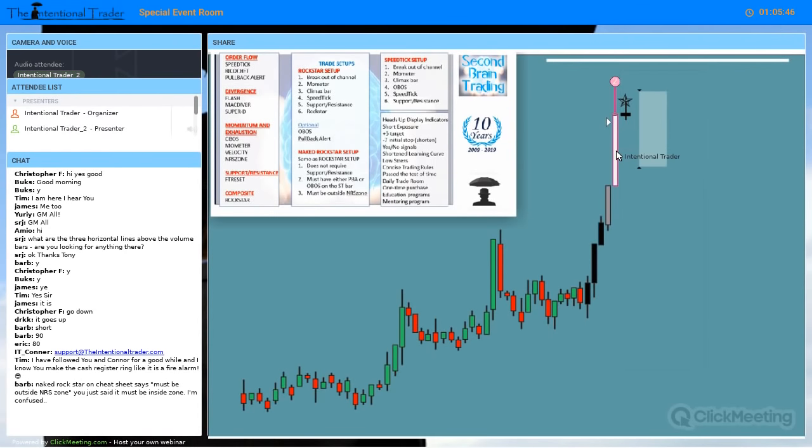Okay, so for a Rockstar trade, I actually included a couple of things that are optional. The OBOS for a straight Rockstar setup is optional.